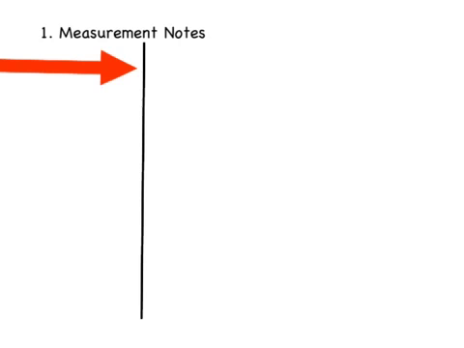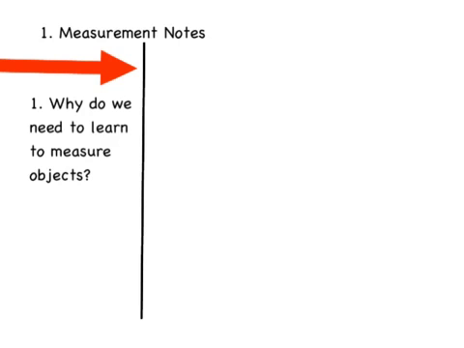In these measurement notes, the first question that we're going to ask ourselves is, why do we need to learn to measure objects? You'll soon find out that everything we do in chemistry is going to have some numbers, and the numbers are going to be measurements, whether it's the number of neutrons or protons in the atom, how much gas pressure is in the air or exerted on something, or the mass of certain elements or compounds.